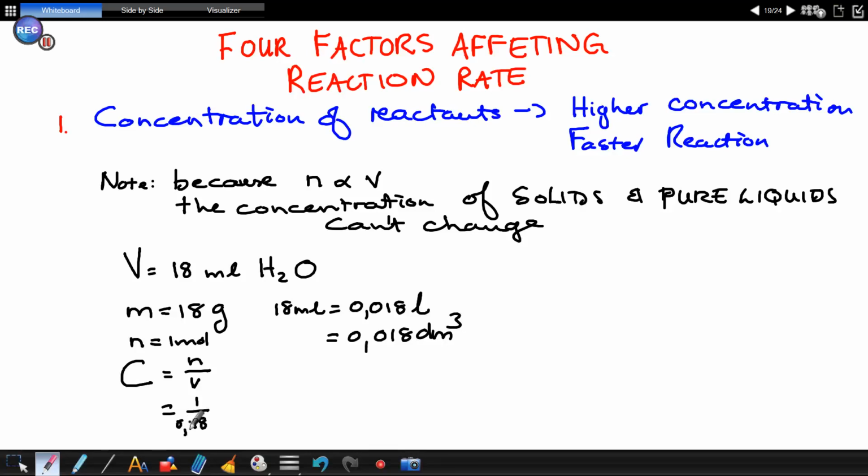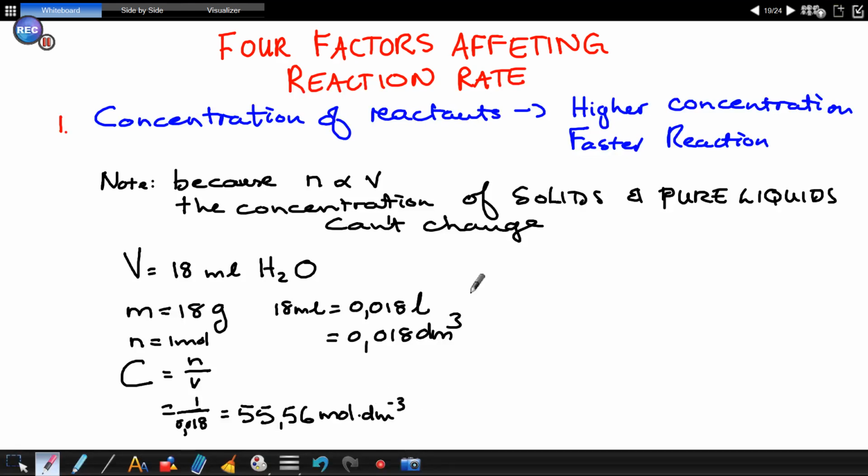If you want to calculate that quickly, we can get the concentration of water. I think it's 55 something. It's 55.55. Yes, 55.56 mole per cubic decimeter is a constant value.